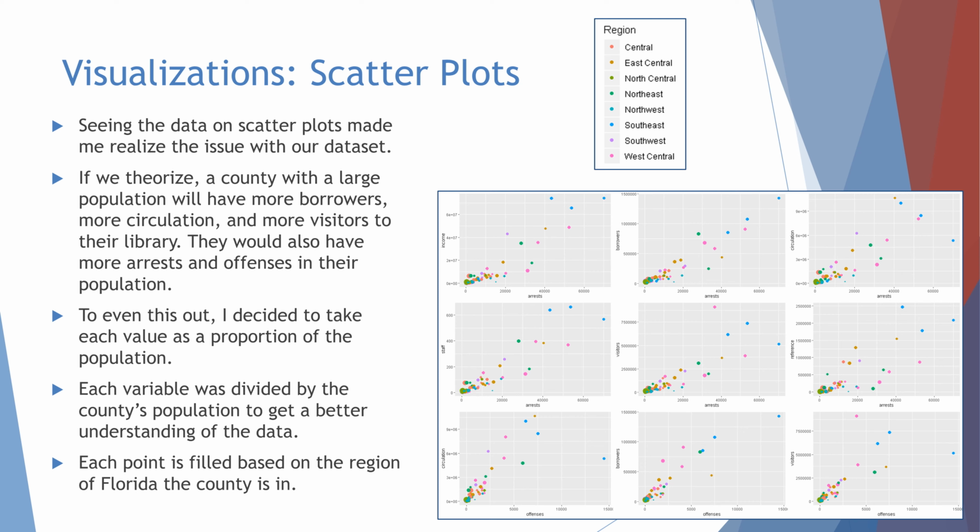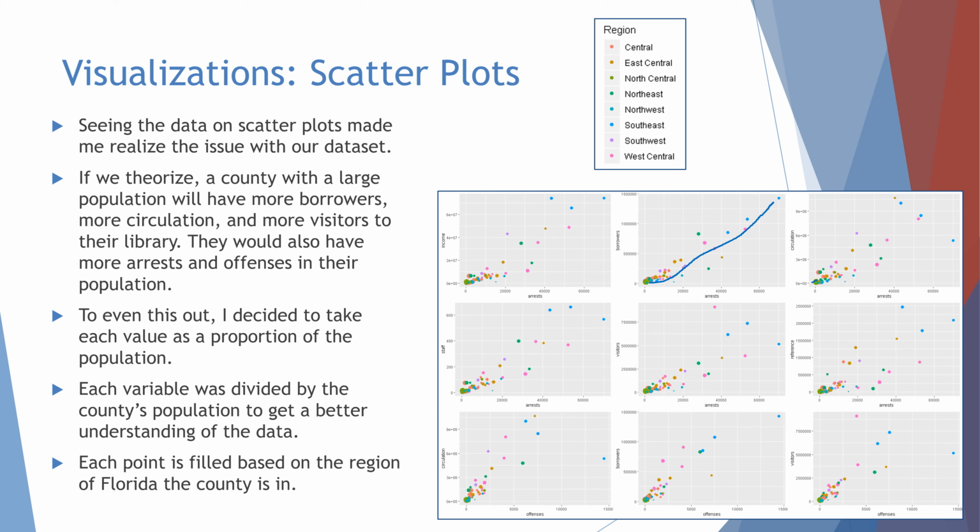Here are the scatter plots. One of the things that I want to point out in the scatter plots is how linear they almost all are. As with borrowers and arrests, we see that as the arrests go higher, so do the borrowers.